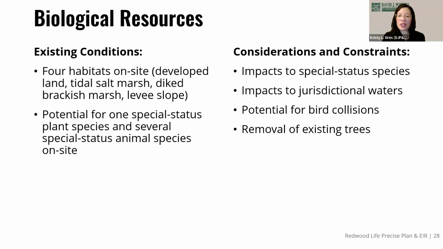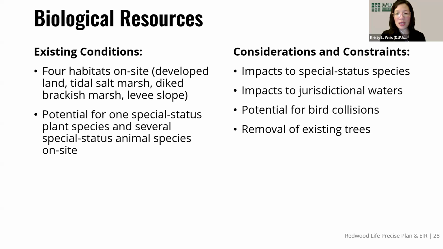Okay, biological resources. There are 4 habitat types on site. We had our biologists go out there, and the 4 habitat types are developed land, tidal salt marsh, diked brackish marsh, and levee slope. Within these habitats, there's one special status plant species determined to be feasibly occurring on site, which is the Congdon's tarplant. Congdon's tarplant could occur on the levee slope and tidal salt marsh habitat.